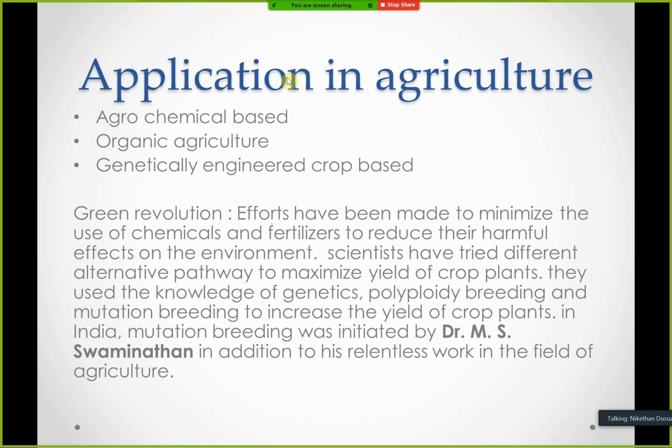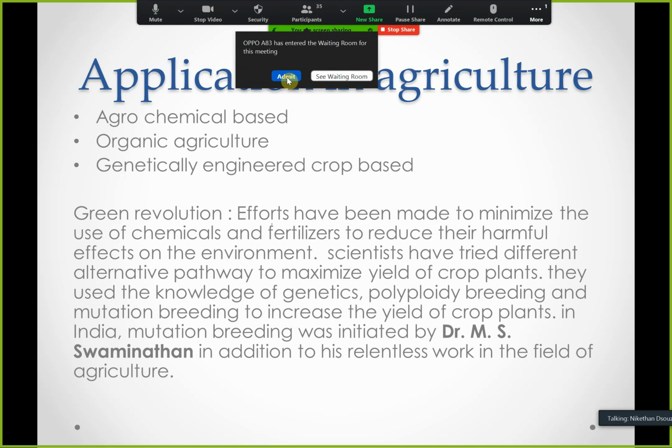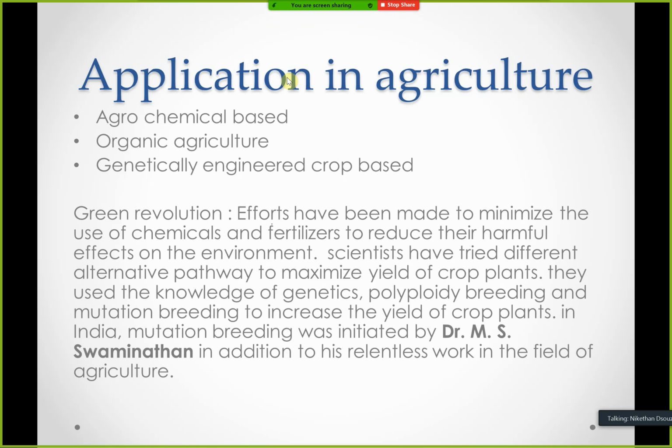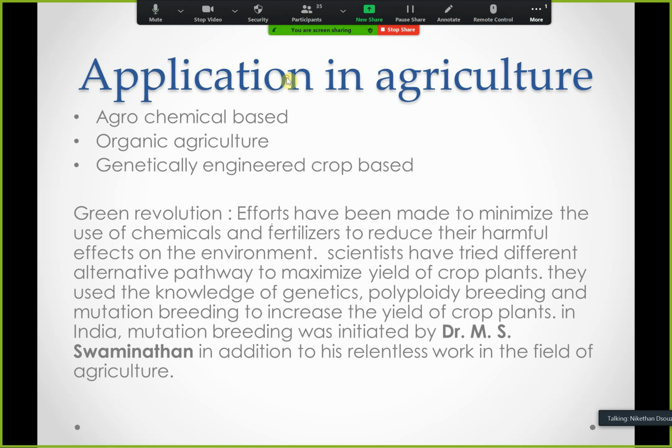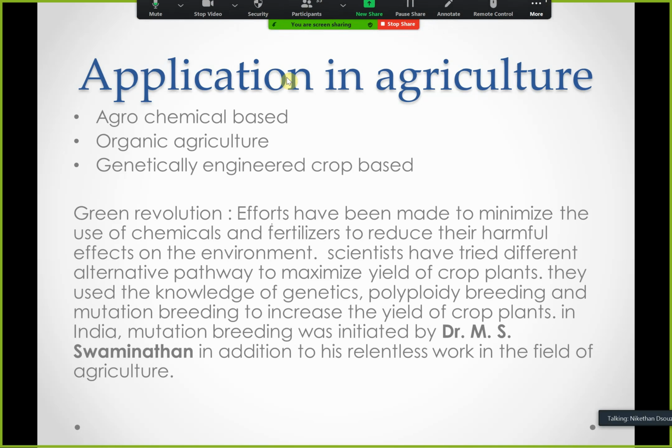So there was a need to introduce new techniques to agriculture, so that in a short period of time they could get a large output that can feed the large population.